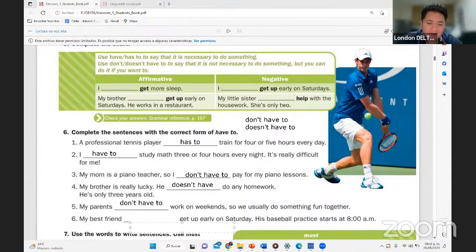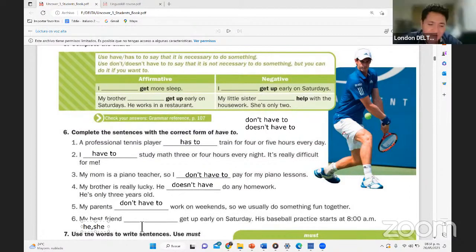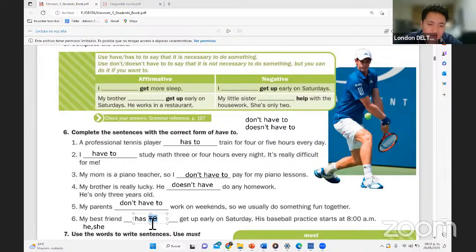My best friend could be he or she, right? My best friend has get up early on Saturday. Very well. Has. Has to. Don't forget to. Has to. Okay. My best friend has to get up early on Saturday. Exactly. His baseball practice starts at 8 a.m.